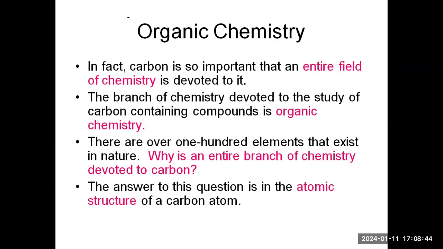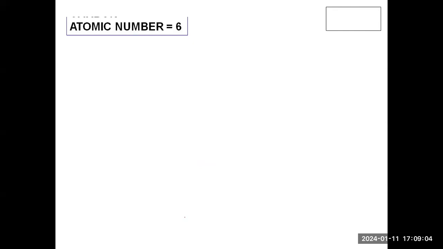Now we are going to discuss how it is that so many things have carbon in them. You can see the answer here on screen: it is because of the atomic structure of carbon. We know the atomic number of carbon is 6.